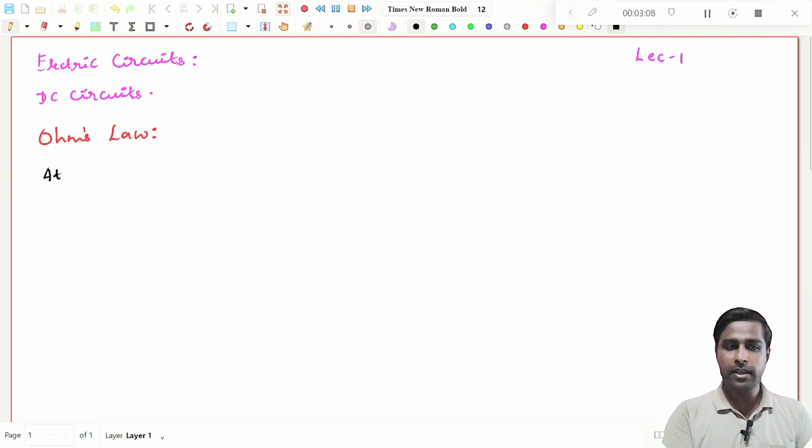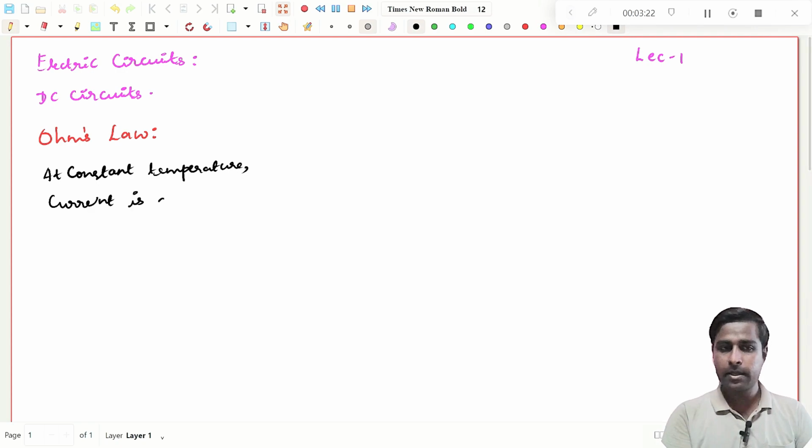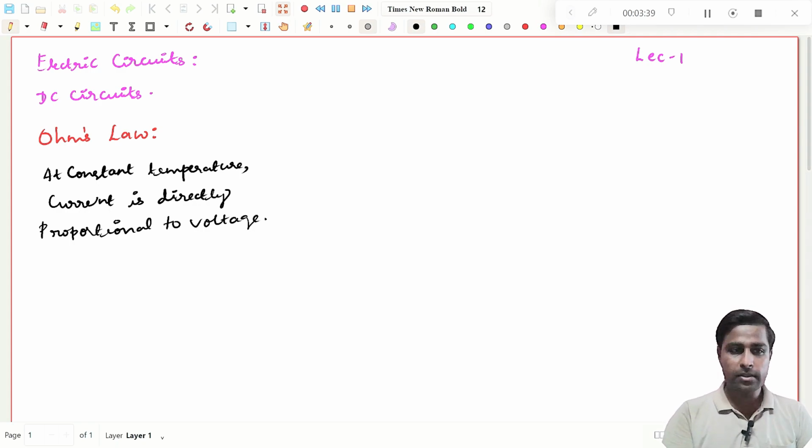At constant temperature, this is very important, at constant temperature, current is directly proportional to voltage. That's all. This is Ohm's law.